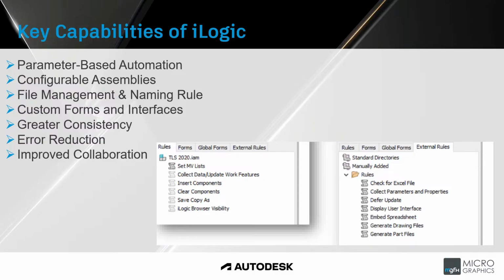You create input forms for designers or sales teams to generate models without CAD knowledge. An example would be a salesperson entering dimensions and features via a form, and a custom model is generated instantly.